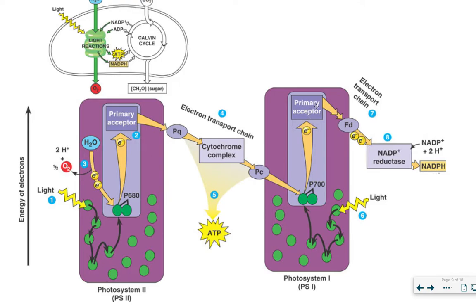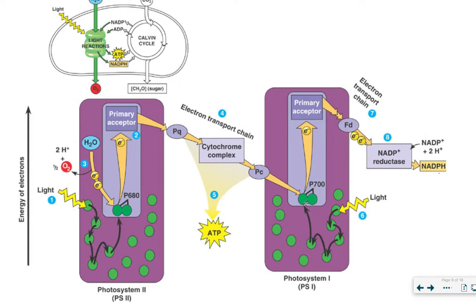The electrons from this photosystem continue down a very small electron transport chain involving a transport protein called ferredoxin, which passes the electrons to an enzyme embedded in the membrane called NADP plus reductase. The electrons are then utilized by this enzyme along with NADP plus to reduce NADP plus to NADPH, which is the electron transporter that will play a role in the dark reactions.